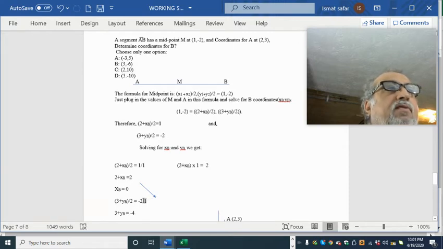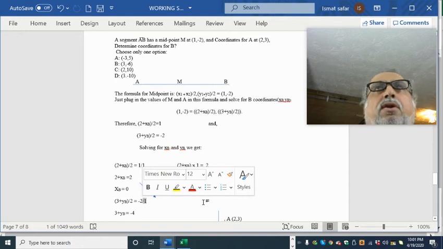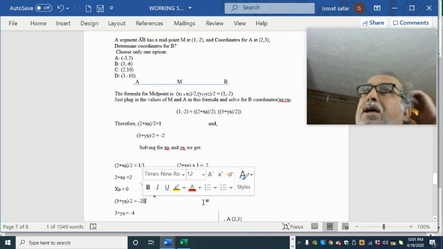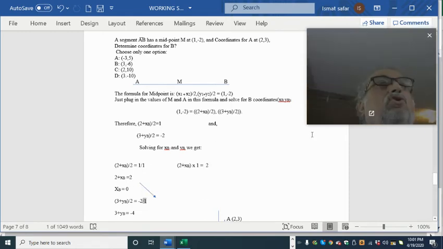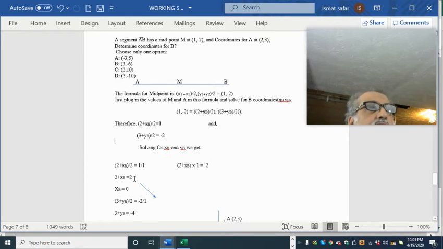Remember, any whole number has a denominator of 1. So what we have left here is 3 plus y of b, where y of b is the y coordinate of b, equals negative 4.